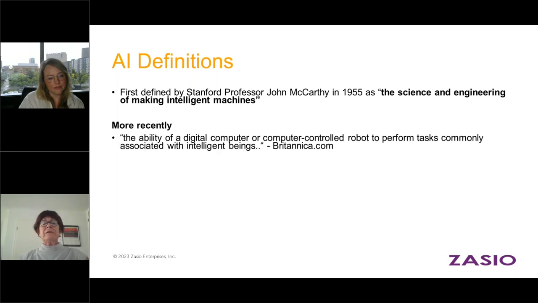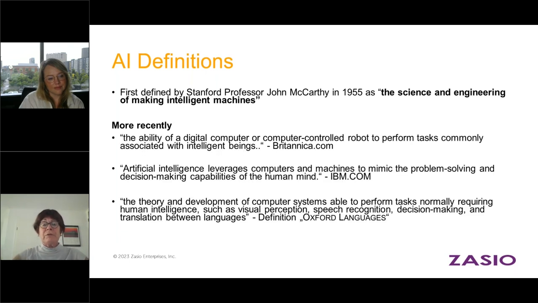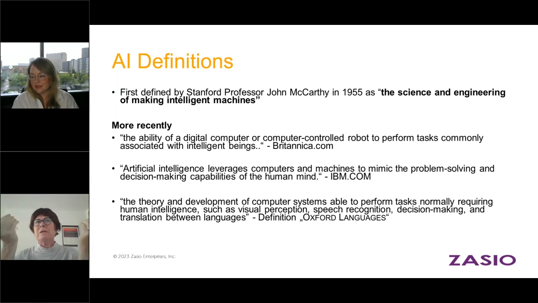More recently, the definitions, and I'm not going through all of them, I think you can read for yourself, is that in the newer definitions, the problem solving, decision-making capabilities, the ability to mimic a human more or less, becomes more in the focus of the definitions.